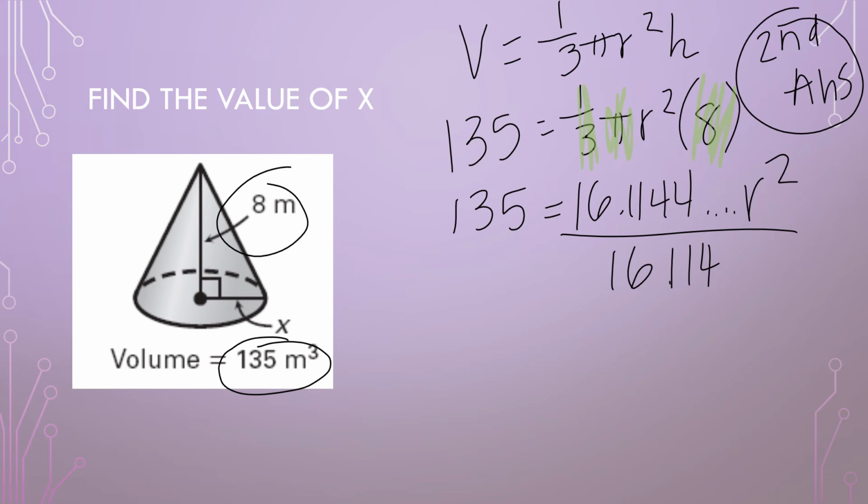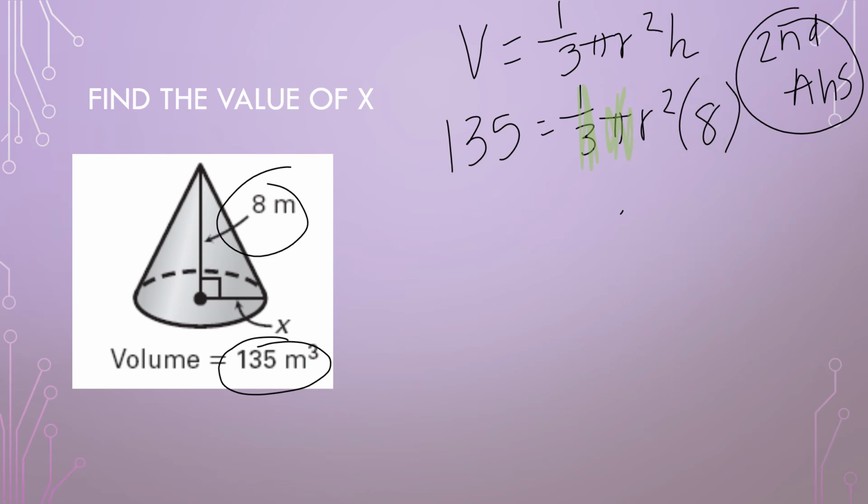So to get r squared by itself, I need to divide both sides by 1/3 times pi times 8.